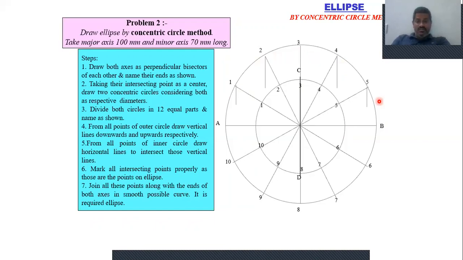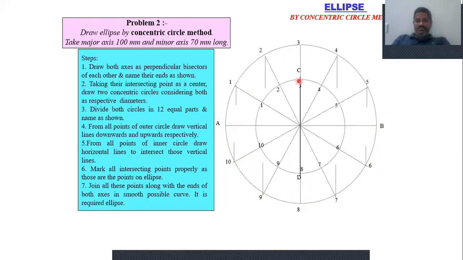Now draw the vertical lines below the major axis circle like this, extending the points vertically from the bottom portion of the major axis circle.